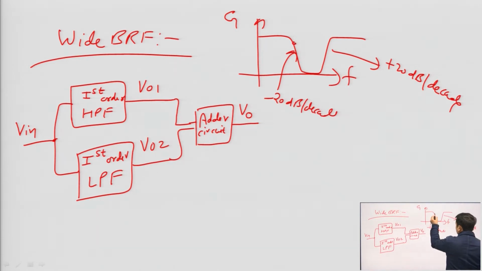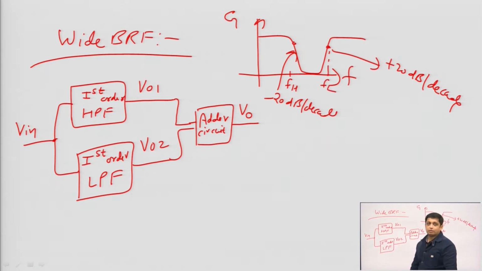And I have already mentioned the FH and FL, that is the cutoff frequency. These cutoff frequencies are also called minus 3 dB frequency, corner frequency, break frequency. So, again in wide band reject filter we need two cutoff frequencies, one is lower cutoff frequency and another one is the upper cutoff frequency.